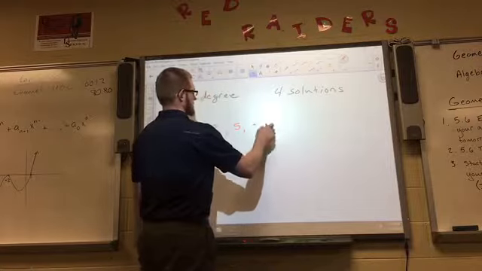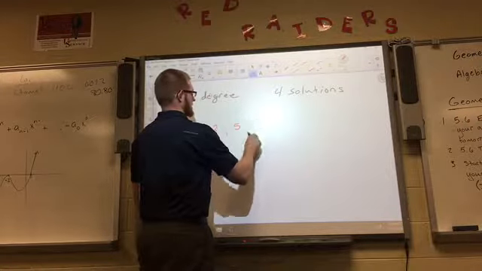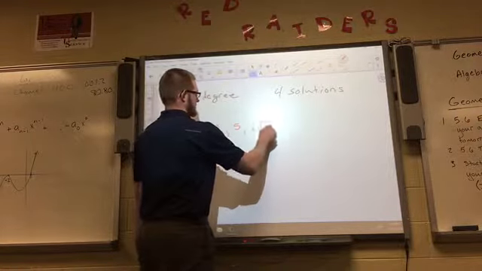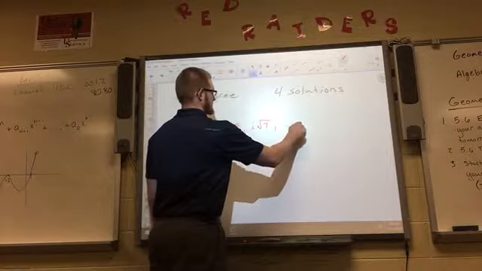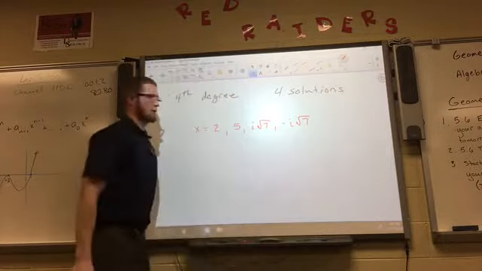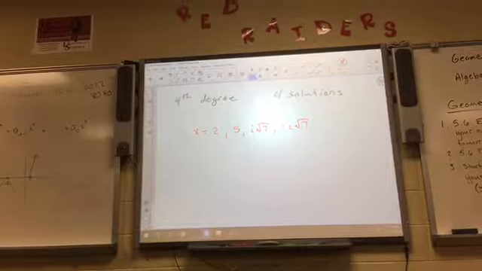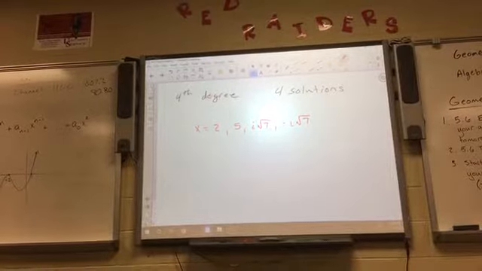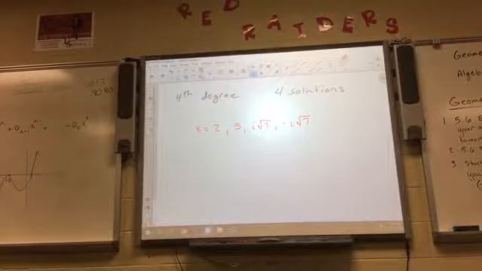Well, it's got to be imaginary, so it's got to be plus or minus i square root of 7. But I would have to have 2. Because no matter what, if it's a 4th degree polynomial, there are 4 solutions somewhere in that problem, whether they're real or imaginary. You have a chart there showing you the same thing we just talked about. The degree is going to match up with the number of solutions.